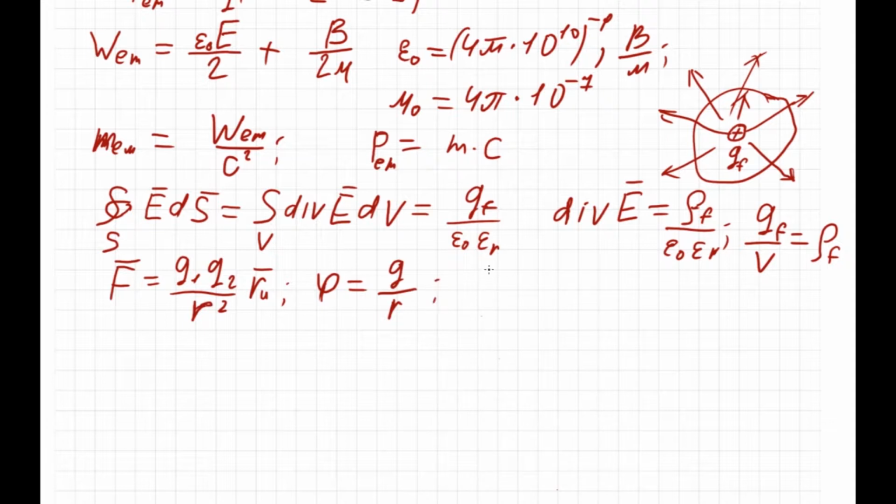And electric field itself equals charge 1 divided by R power 2, multiplying by R unit vector.